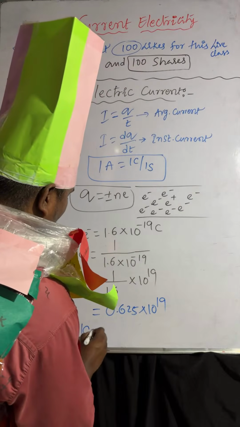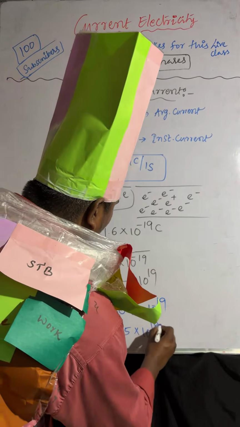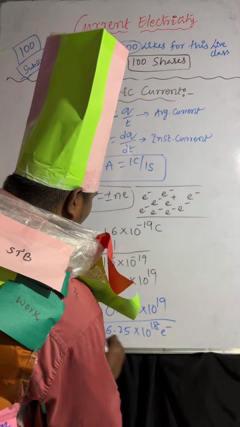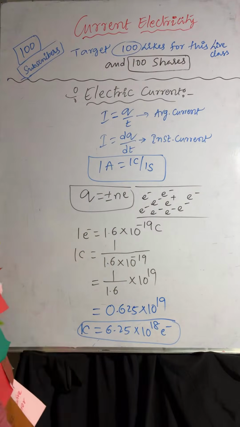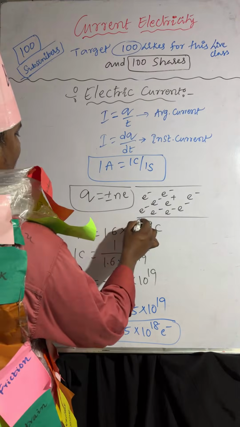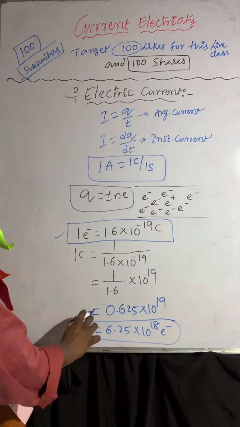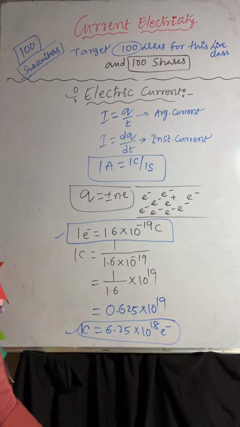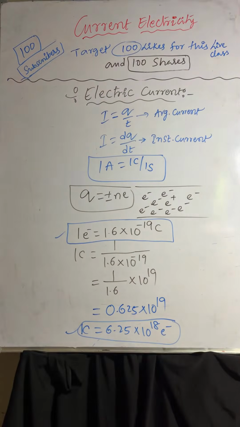Then you'll get in 1 coulomb 6.25 into 10 power 18 electrons. This is very, very important. These 2 points are very important while problem solving. They won't give these values, you have to keep them in mind. On 1 electron, 1.6 into 10 power minus 19 coulomb. In 1 coulomb, 6.25 into 10 power 18 electrons.